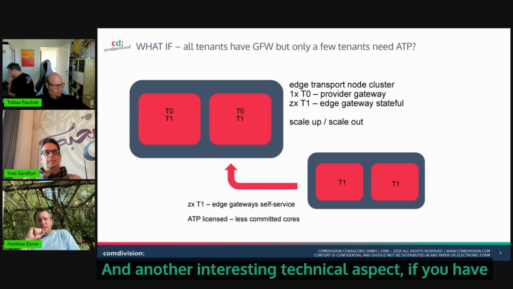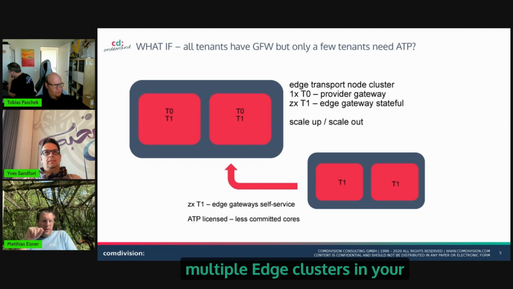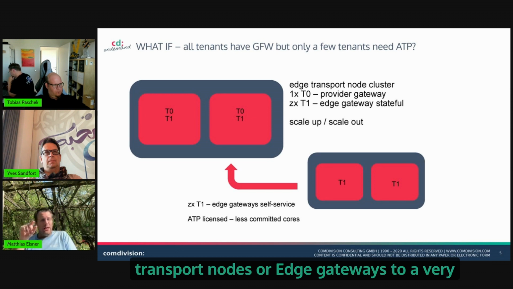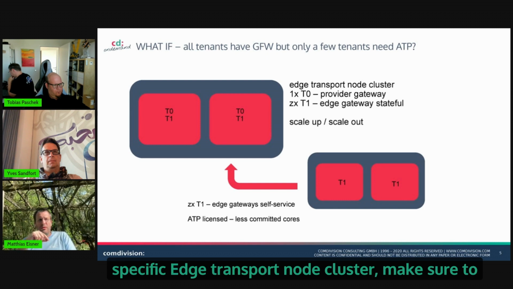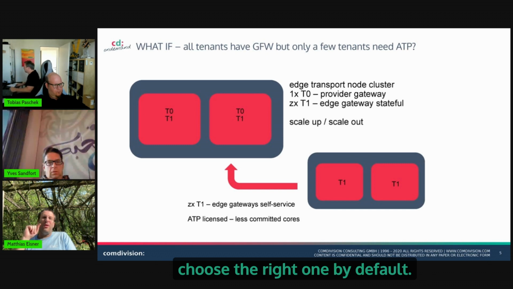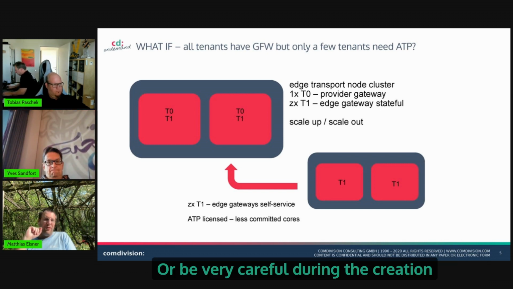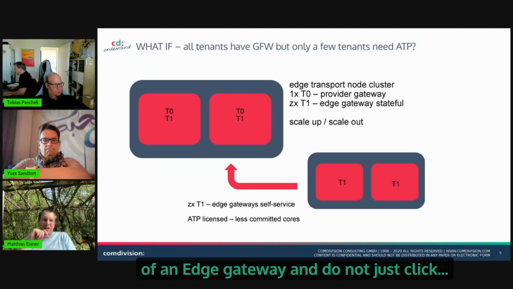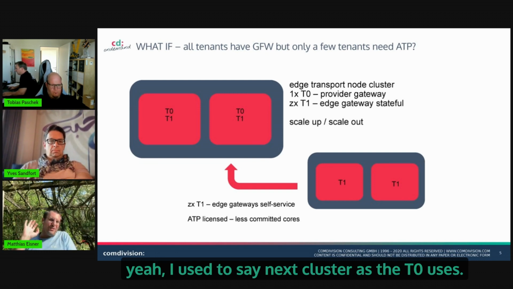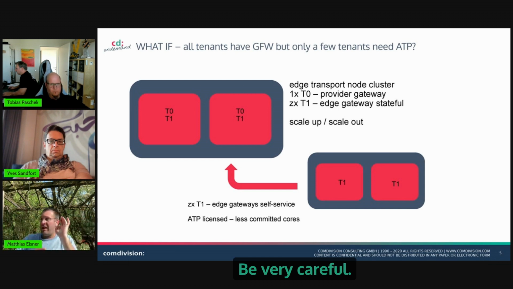And another interesting technical aspect: if you have multiple edge clusters in your infrastructure and you deploy edge gateways to a very specific edge transport node cluster, make sure to configure Cloud Director correctly to choose the right one by default. Or be very careful during the creation of an edge gateway and do not just click to use the same edge cluster as the T0 uses. Be very careful.